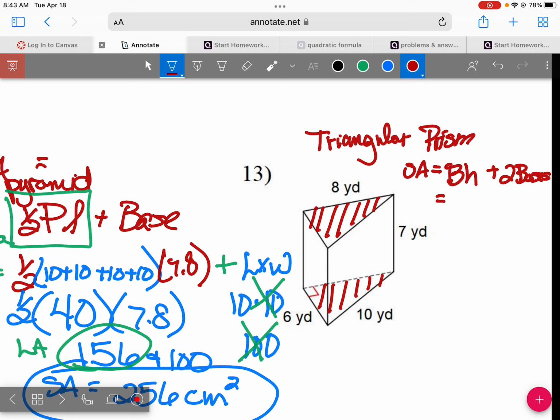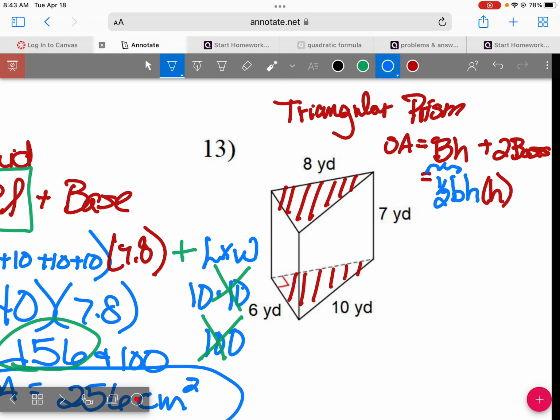Okay, now the base is a triangle. So the area of a triangle is 1/2 times the base of the triangle times the height of the triangle. That is all of B times the height of the prism. So yes, there are two H's there.